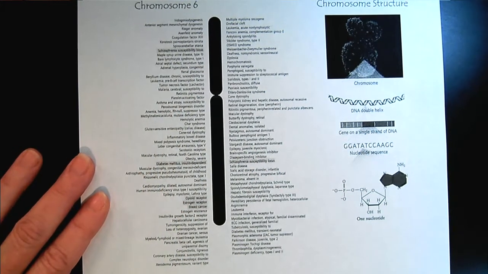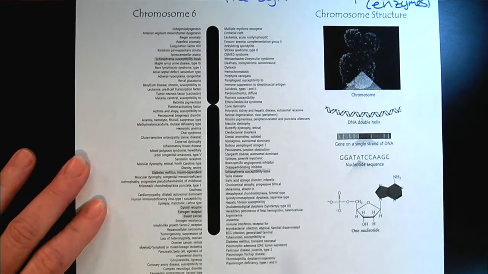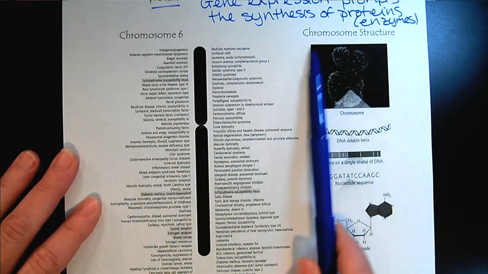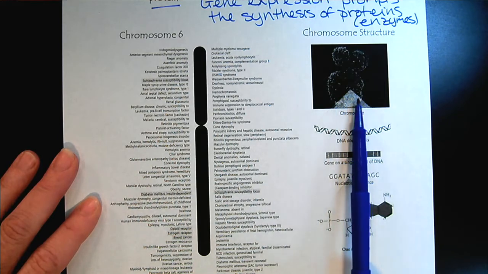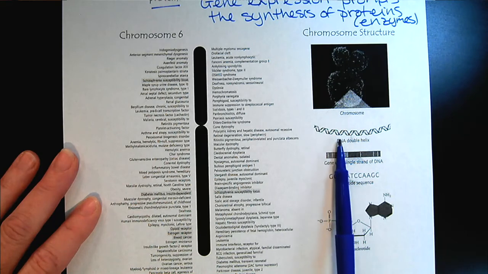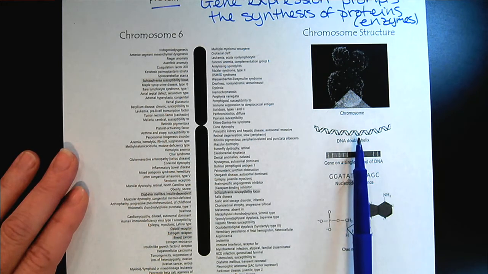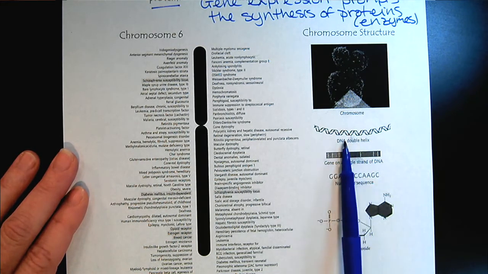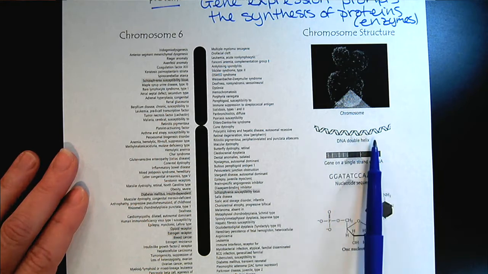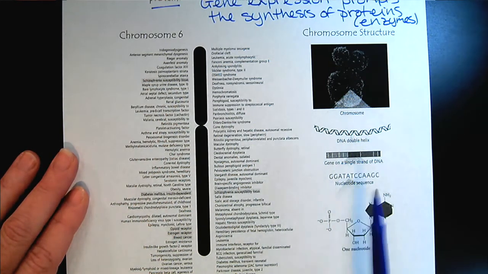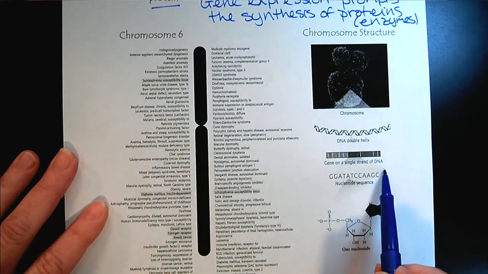But now let's link this to what we've learned about DNA and chromosome structure. So here is a representative of a chromosome. When we look inside, we unravel the chromatin fiber and unravel the nucleosomes. We get down to the double helix of the DNA. And within that, there is a gene, a sequence.